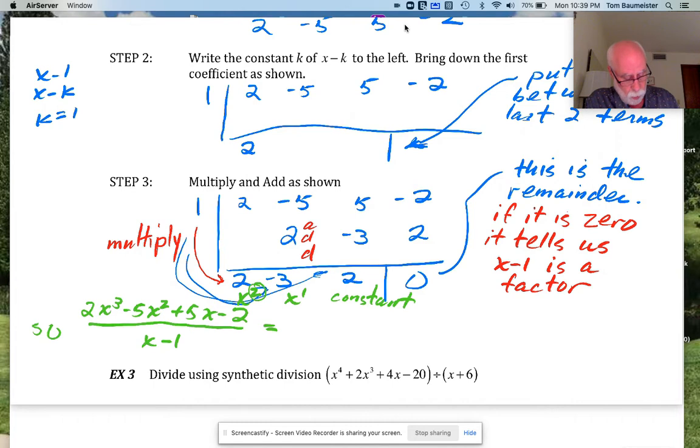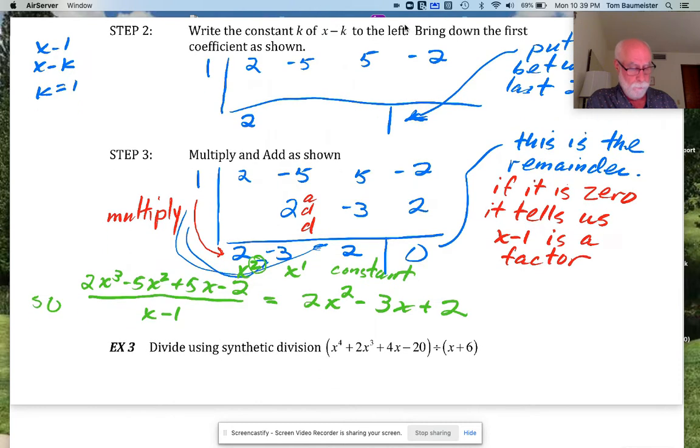Well, when we did it, our answer was 2x squared minus 3x plus 2. So again, our quotient is one degree less than our dividend. That was the first one, going step by step.